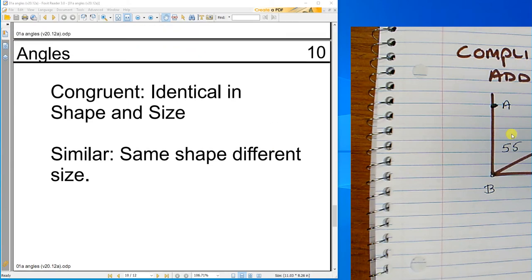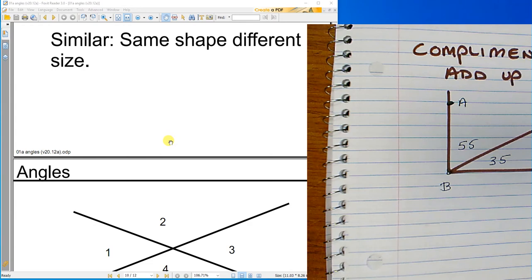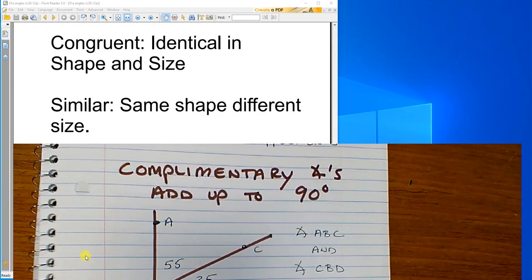All right, congruent means identical in shape and size. Similar means same shape, different size.